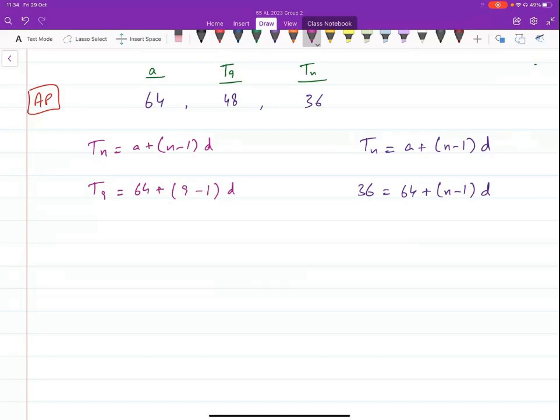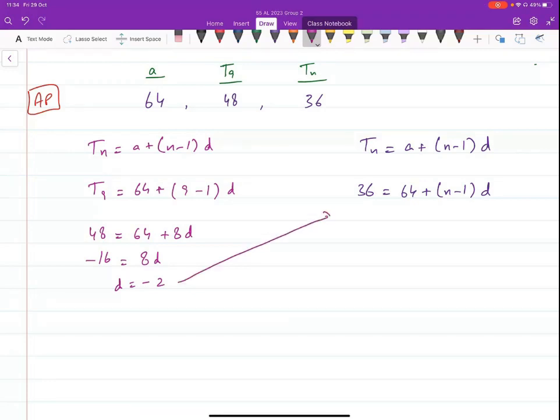The ninth term is 48, so we equate it to 48. We get 48 equals 64 plus 8 times D. That gives us 8D equals minus 16 and D equals minus 2. The difference, minus 2, has come.